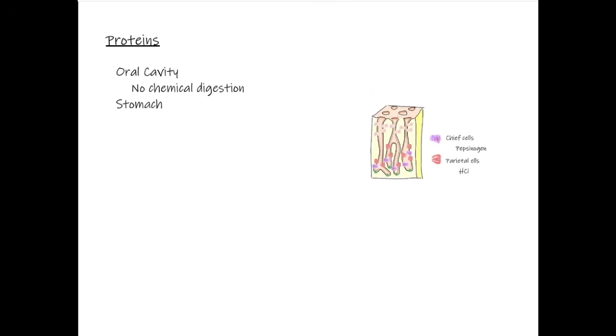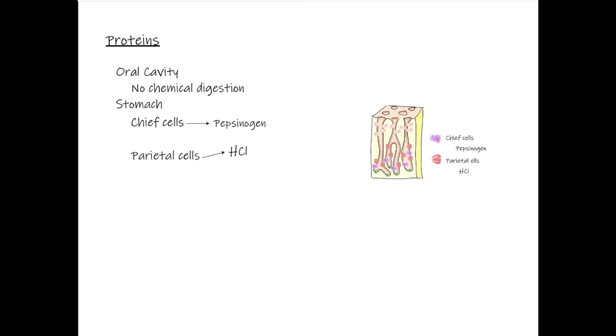Looking at proteins, there's essentially no significant chemical digestion of proteins that occurs in the oral cavity. When we reach the stomach, we see contributions from a couple of different cell types, specifically chief cells and parietal cells located within the gastric glands. Chief cells secrete pepsinogen, while parietal cells secrete hydrochloric acid.